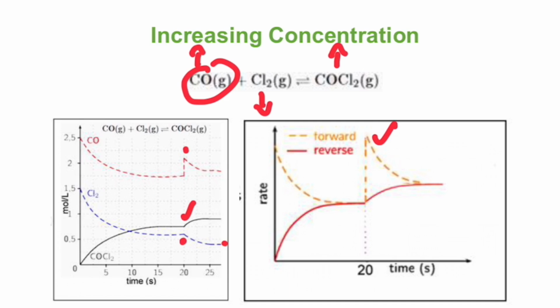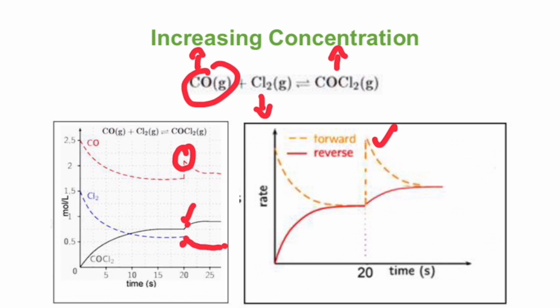So this is what an increase in concentration looks like. One of the reactants all of a sudden shoots up, the other one goes down, as you can clearly see, and then the product goes up. That tells you that the concentration of one of the reactants has been added, or one of the products, depending on what is happening in that case.